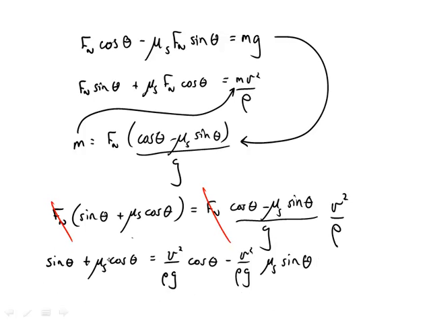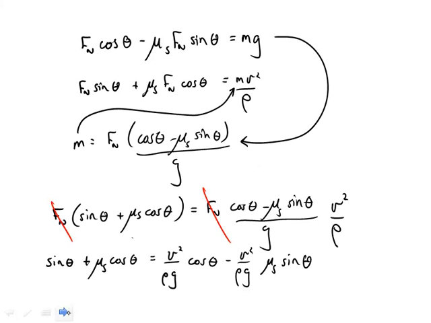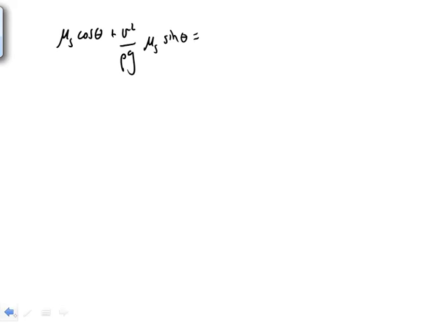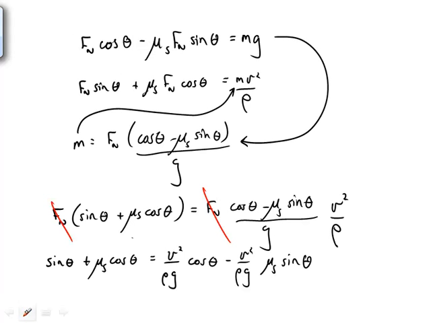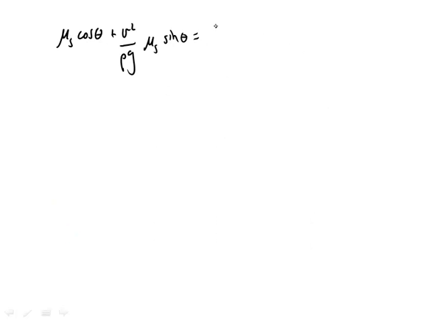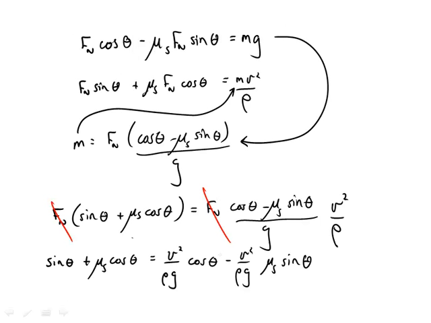And so I'm going to get mu s cosine theta plus v squared over rho g mu s sine theta. And on the right hand side I'm going to get v squared over rho g cosine theta and minus sine theta when I bring it over. This is already negative, so when I bring it over to the left it becomes positive. This is positive, so when I bring it over to the right it becomes negative.